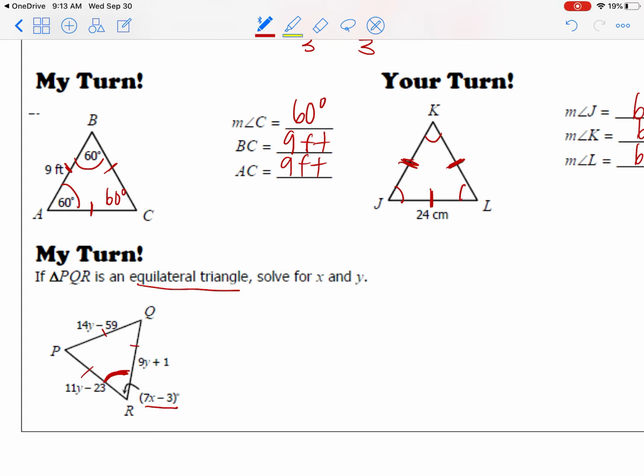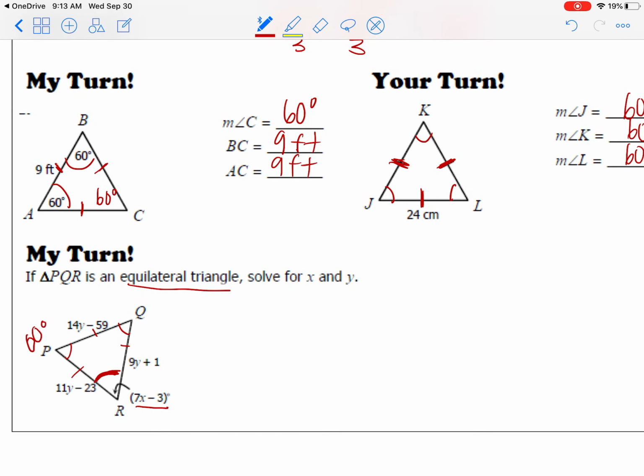So that means all the sides are equal, but all the angles will be equal as well. So, because of the angles being all equal, congruent to each other, then we can say that each one of these angles is equal to 60 degrees.